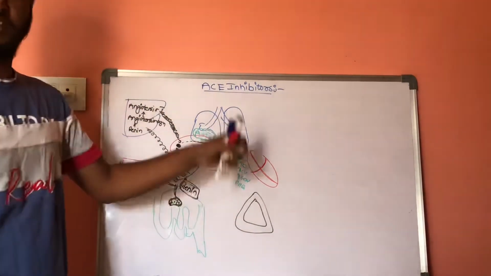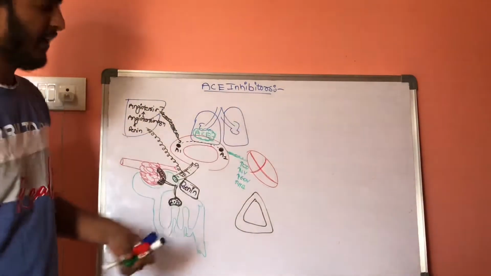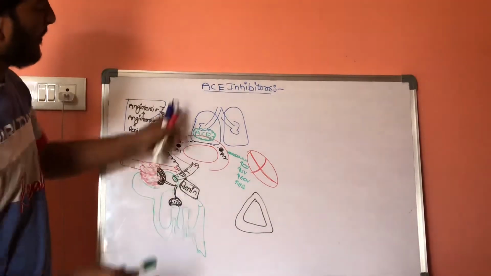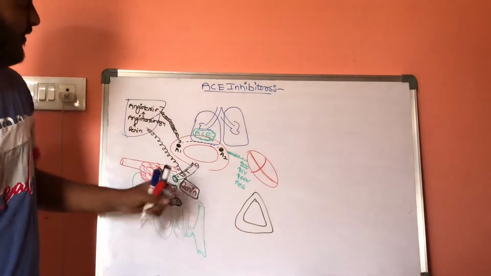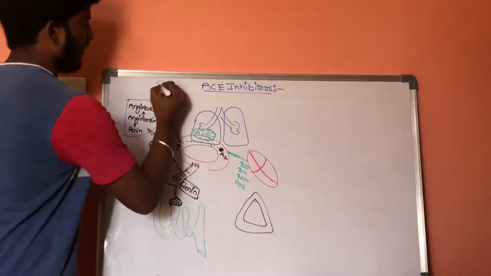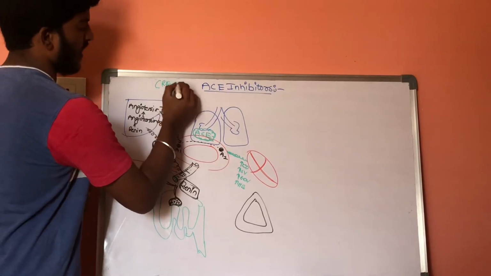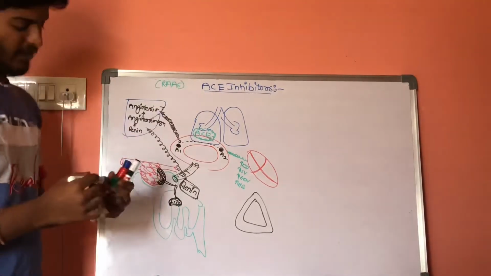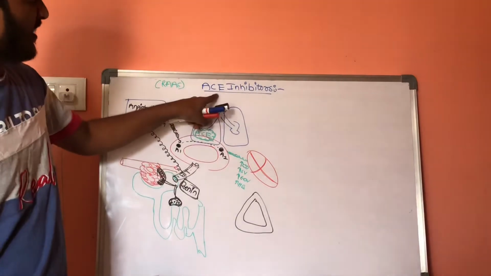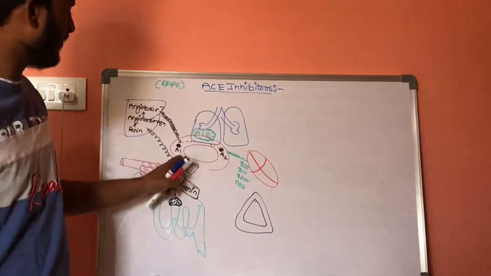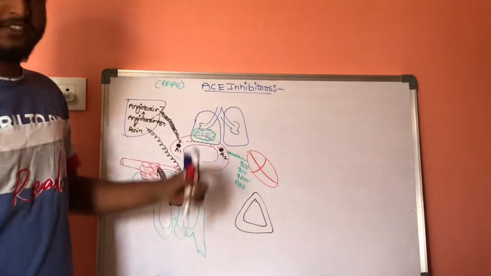As heartbeat increases, the blood pressure will be maintained, and this is also called the renin angiotensin aldosterone system. So in this way angiotensin converting enzymes are helpful in converting angiotensin 1 into angiotensin 2.